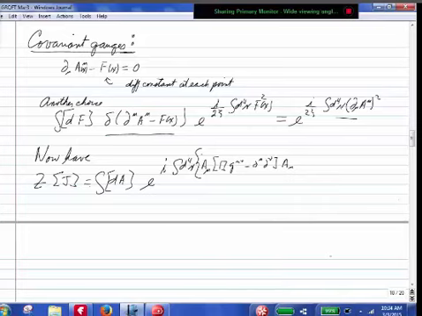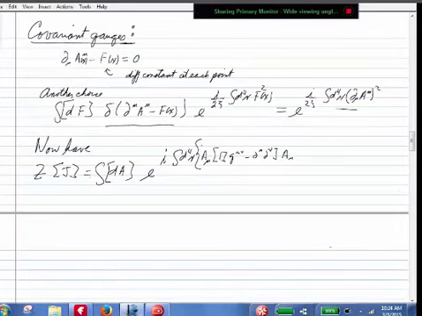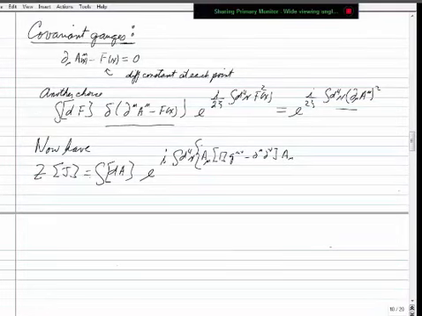Okay, so by doing this extra constraint, I now have my path integral Z is integral dA.